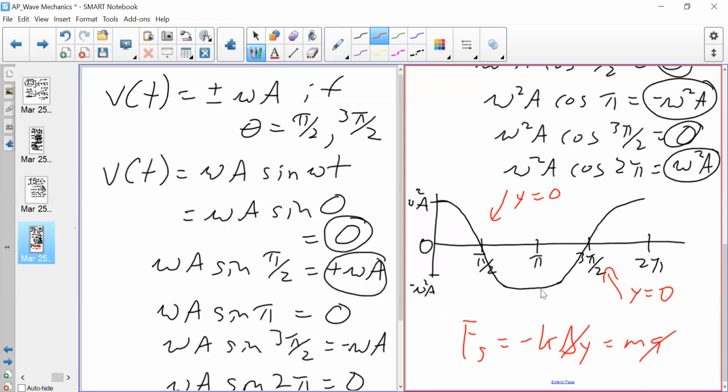Then we go down. Now the mass is in the air, so y versus t is going to be like this.